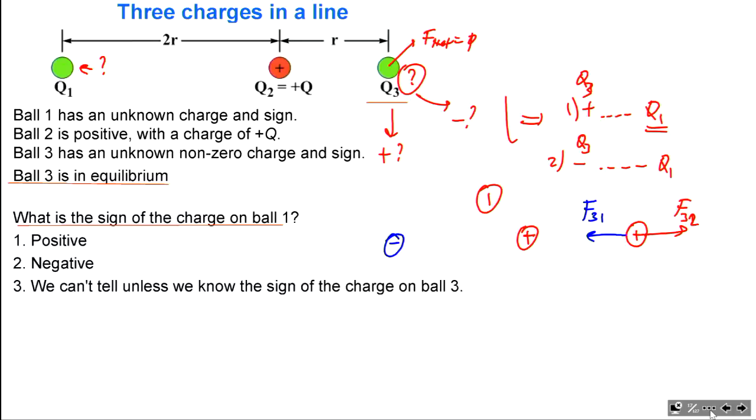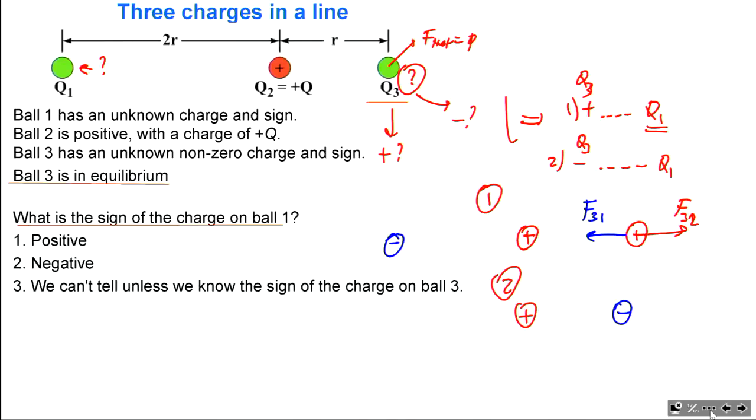Now we have to try case number 2. The charge in the middle still is positive. We assume that the charge number 3 now is negative. What does it mean? You should draw the forces now. I'm going to give you a minute. Try to repeat the same strategy I just used for case number 1. Draw forces. First, you have to draw the force acting on this charge from that charge.